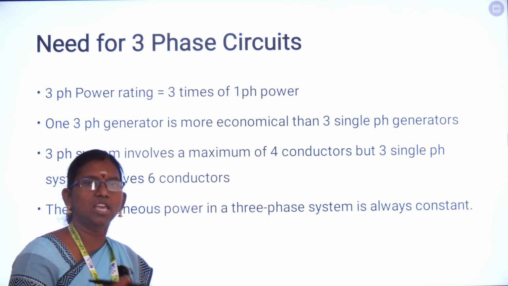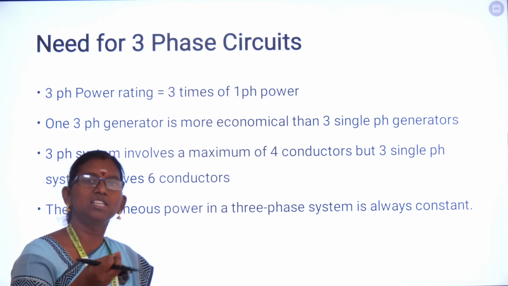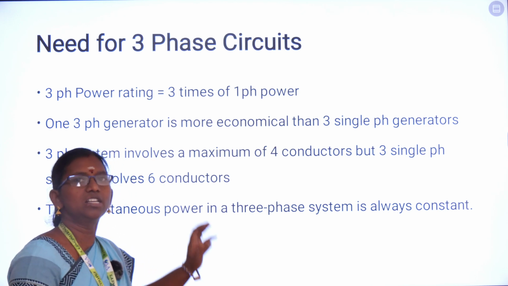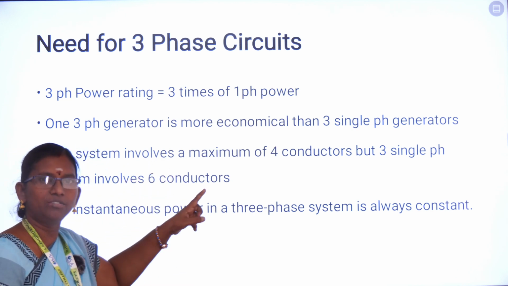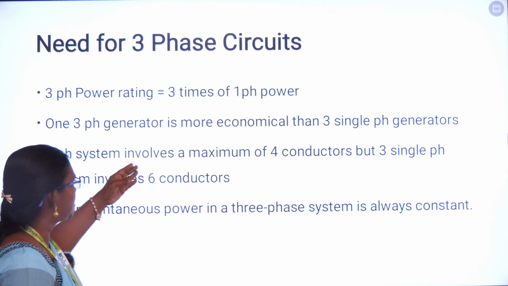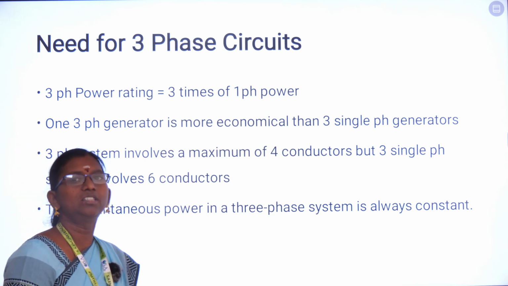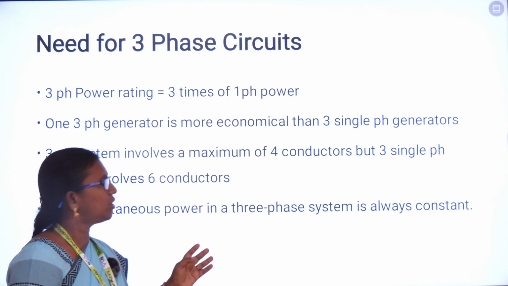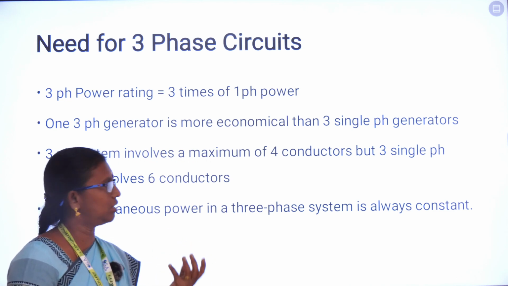To achieve the same power rating, we need 3 generators in the case of a single-phase system and a single generator in the case of a 3-phase system. That is another advantage. A 3-phase system involves a maximum of 4 conductors. If we go with a 3-phase system, we need at least 4 conductors, and at most 5 along with the ground conductor.